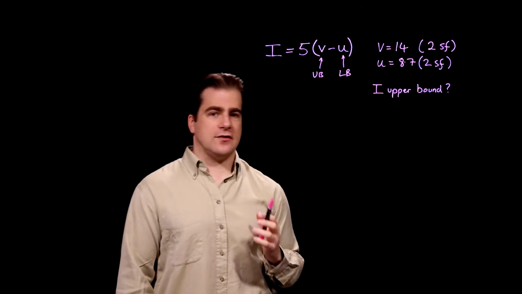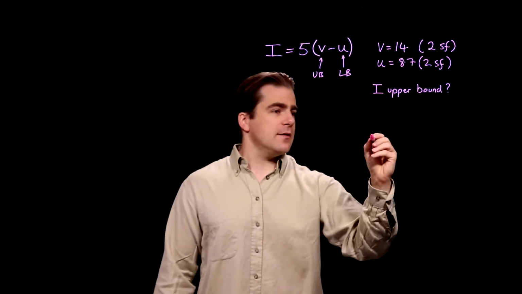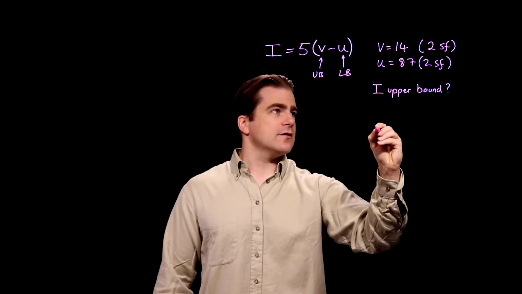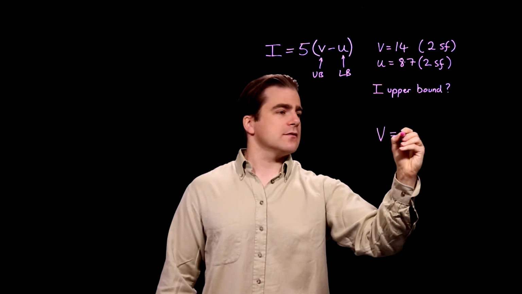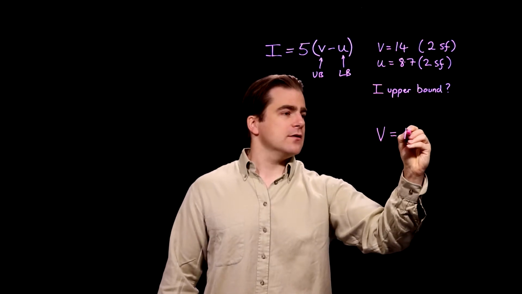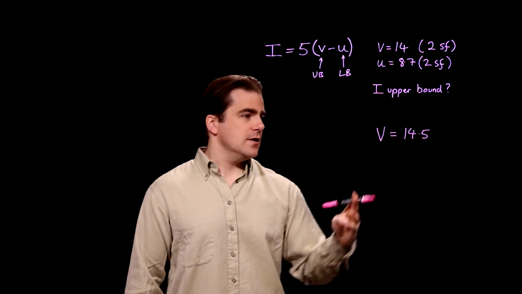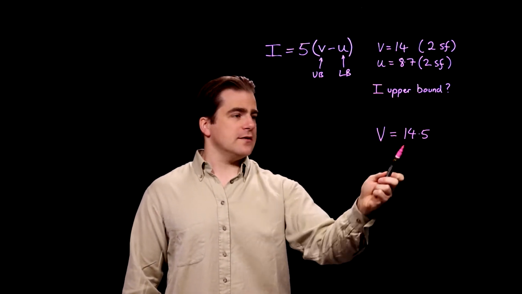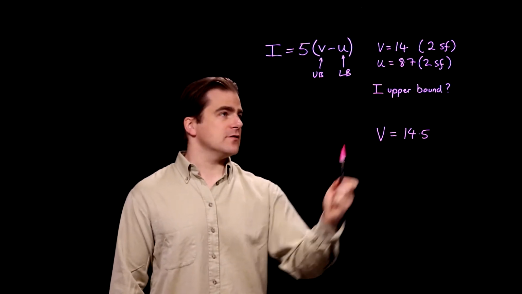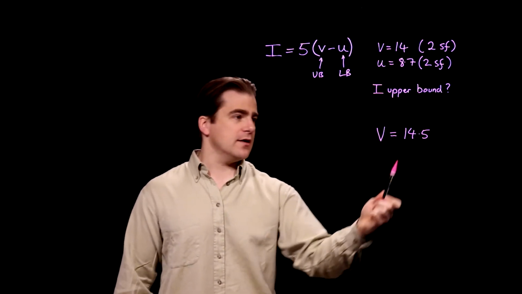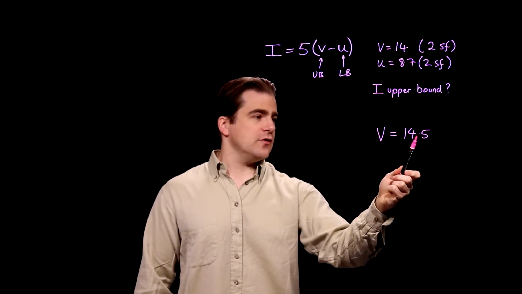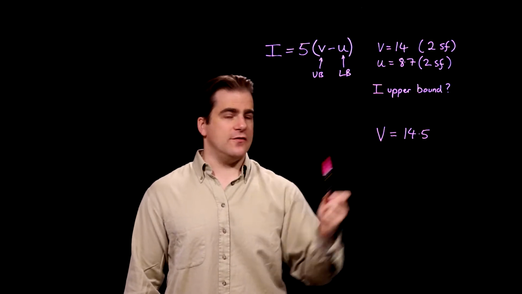V is 14 to two sig figs. So that means v could be rounded down from 14.5. That's as big as v can possibly be, because if it's 14 after rounding, if it were 14.6, you'd round up to 15.